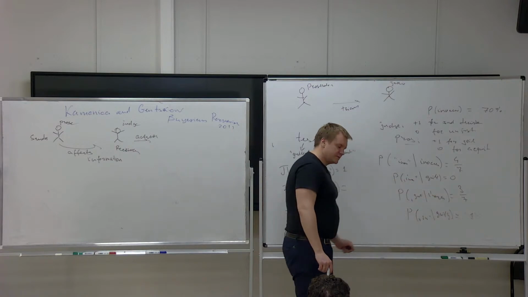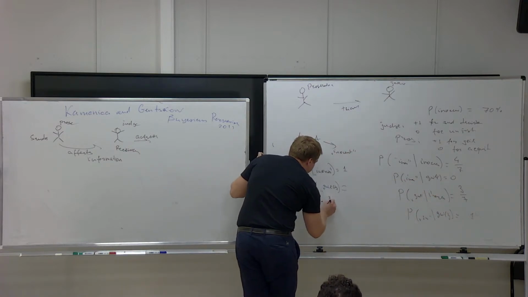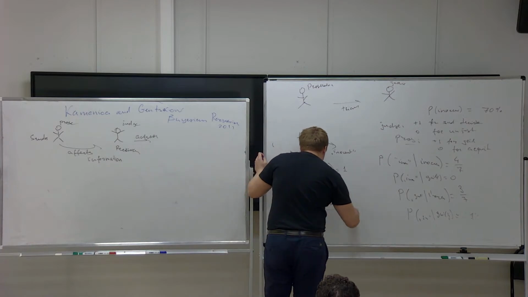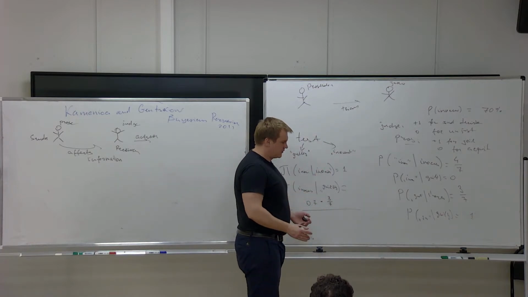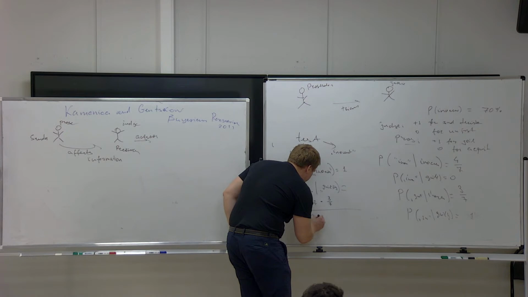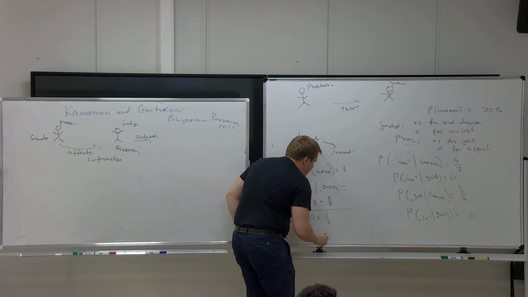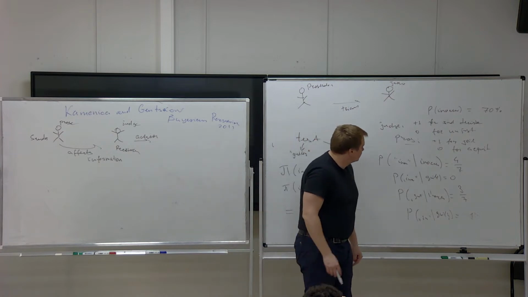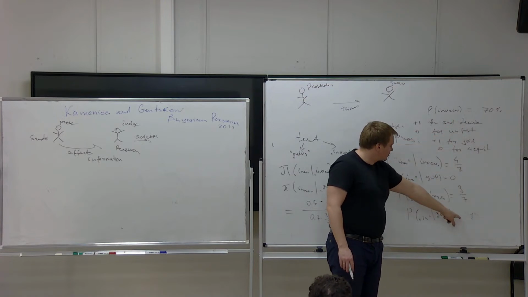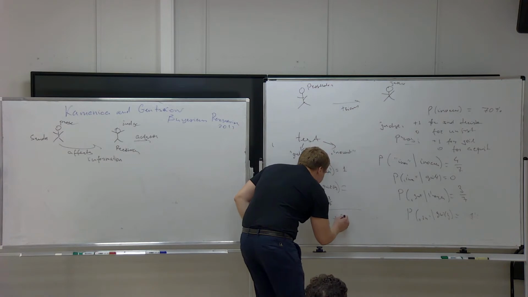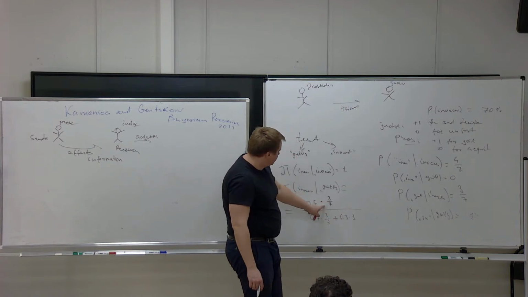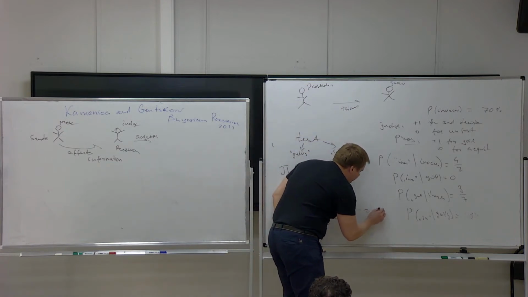So it's 0.7 times 3/7, which is 30%. Then the ex ante probability of the test coming out guilty is 0.7 times 3/7, plus the ex ante probability of a guilty person, which is 30%, times the result of the test, which is 100%. So it's 0.3 plus 0.3, so it's just 0.5.